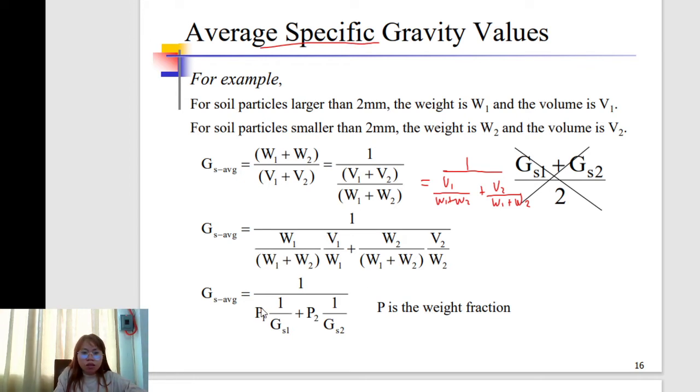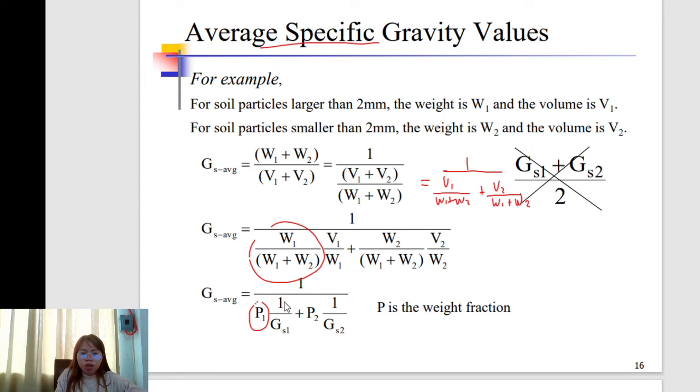This one, this is the weight fraction, this P1. As the specific gravity is equal to weight over the volume, you should make it the reciprocal of this, V1 over W1.